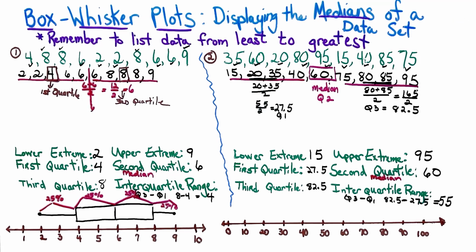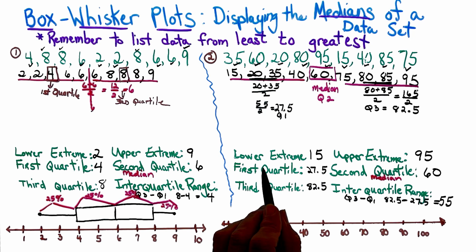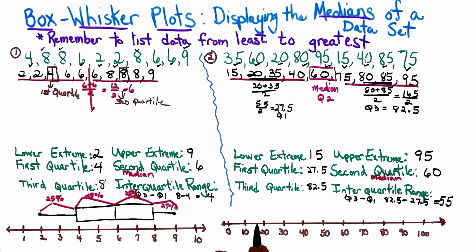Okay, here we go for the graphic. Are you ready? We got this. I am going to go down to my number line, and I'm going to notice it's counting by tens. So we're going to have to estimate where we put some of our points. For the lower extreme, this would be like where my 15 is. There's my lower extreme. It is a dot.